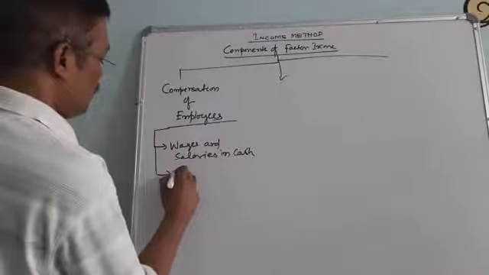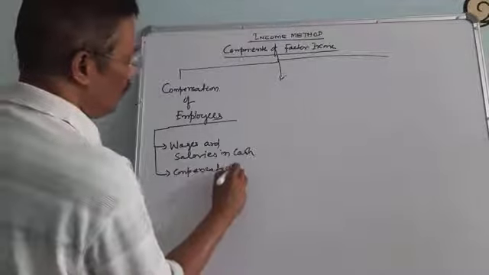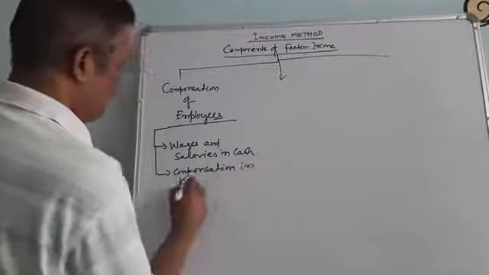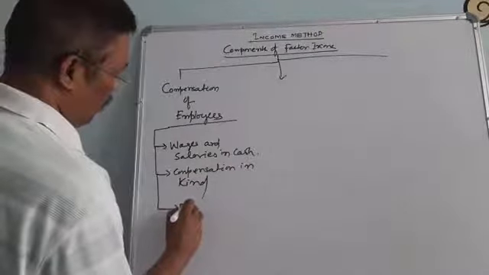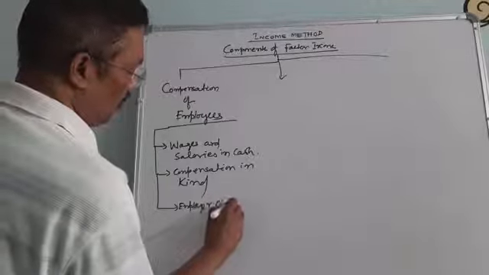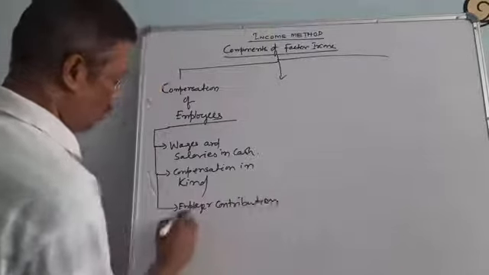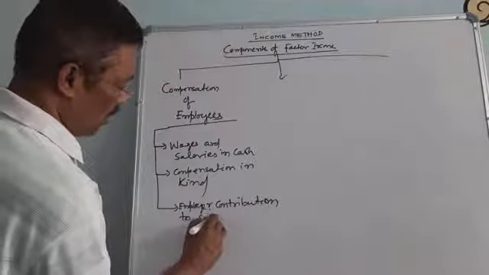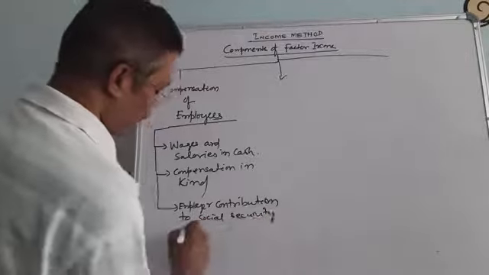Second one, compensation in kind. And third one, employer contribution to social security scheme.